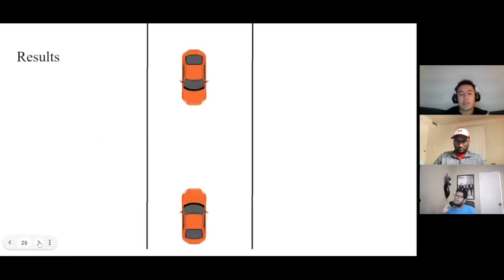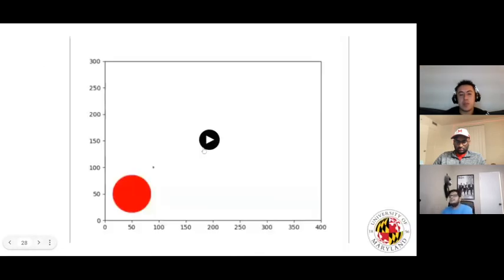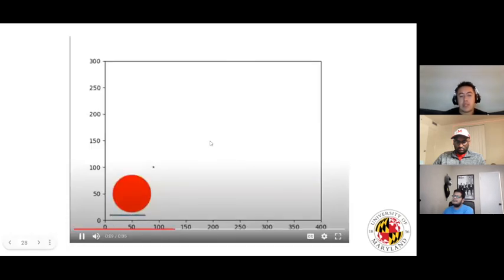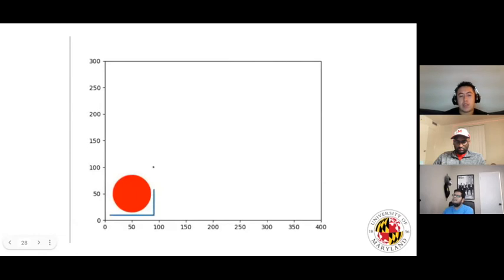Now, to show how our model is performing, I'm going to present a video. Our starting point is going to be at 0, 0, and we're going to try to reach this dot behind the red circle. As you can see in this video, the model tends to go to the right and then go up.